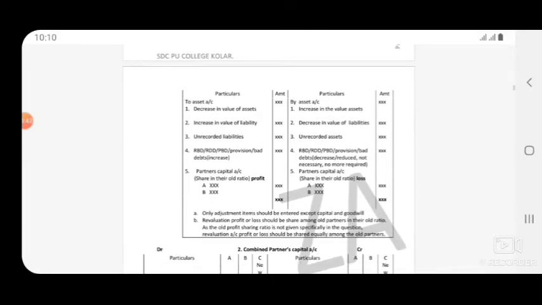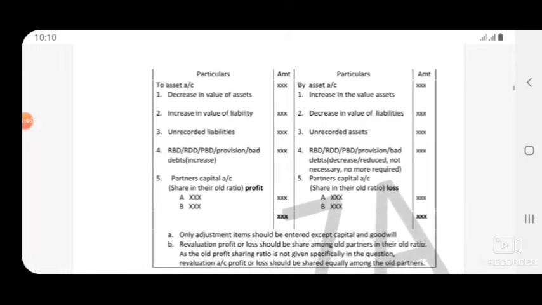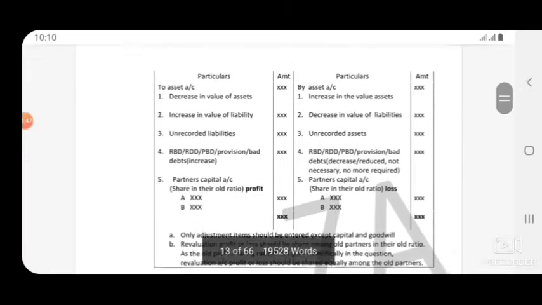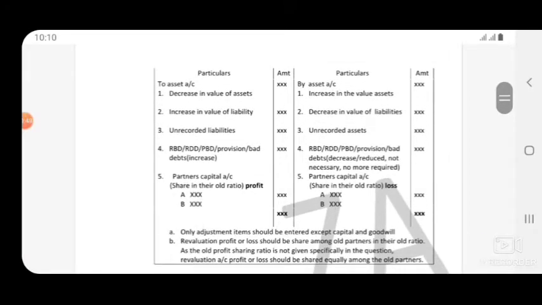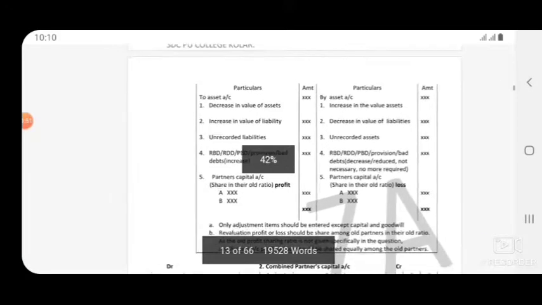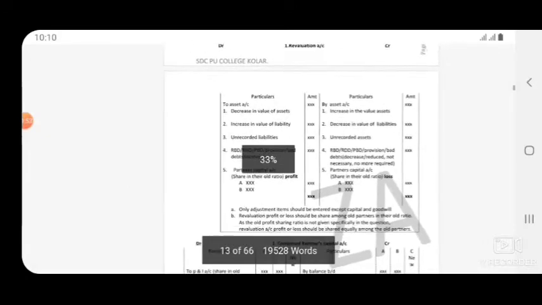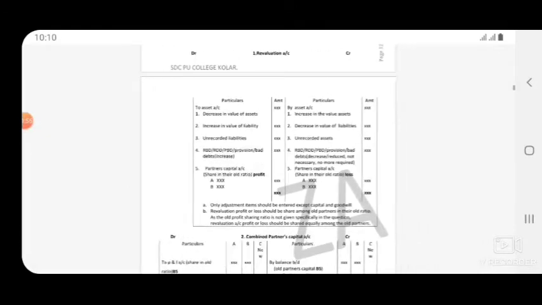So this is the revaluation account format. I already explained it. On the debit side we have to record all the expenses and losses, and on the credit side we have to record all the incomes and gains.